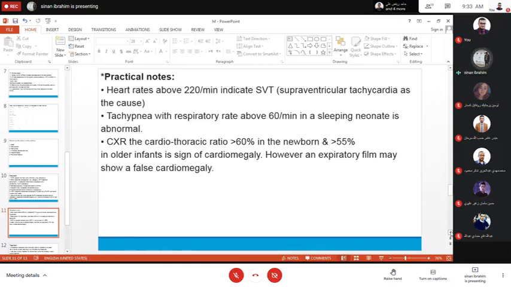In infancy or small children cannot do this maneuver, so the heart will appear larger in size, while when we do the echo or when we take a full respiratory film, the heart will be normal. So it's a false positive cardiomegaly.